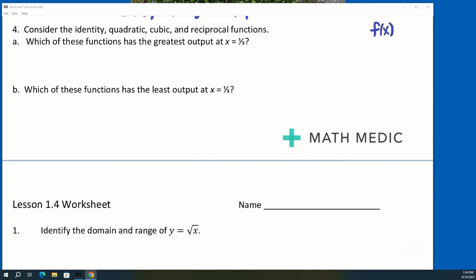I'm going to call the identity function f, so f of x is x. I'm going to call the quadratic function g, so g of x is x squared. I'm going to call the cubic function h, so h of x is x cubed.